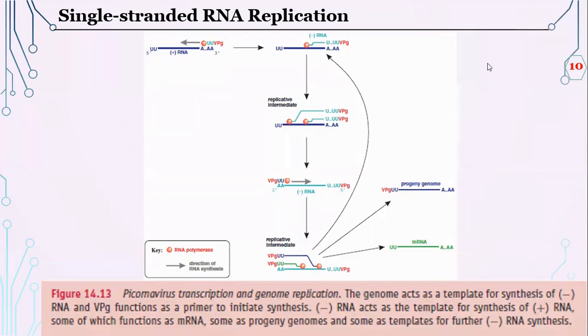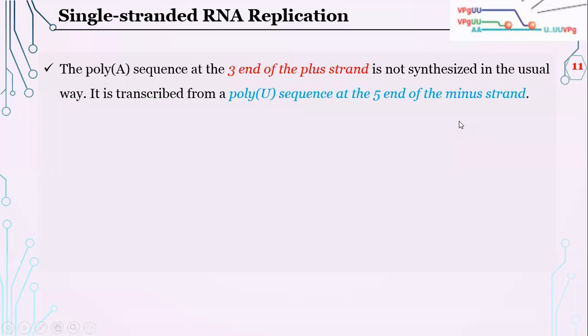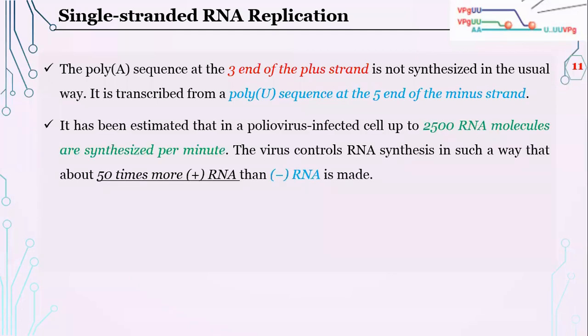Okay. So for today, I think it is enough, and in the next class we will start. If we conclude this, the poly A sequence at the 3' end of the plus strand is not synthesized in the usual way.